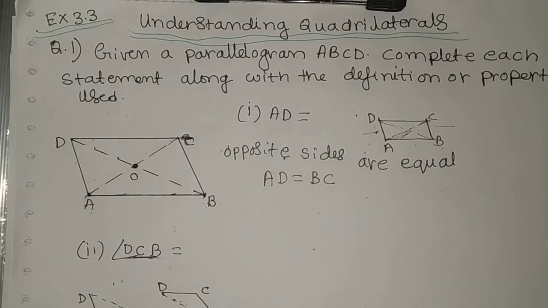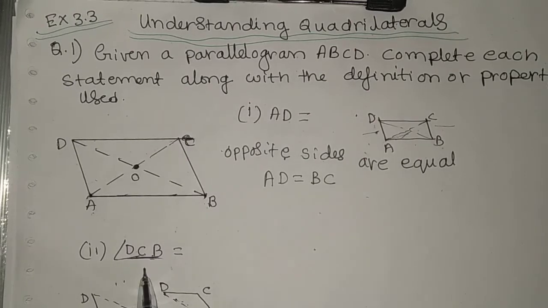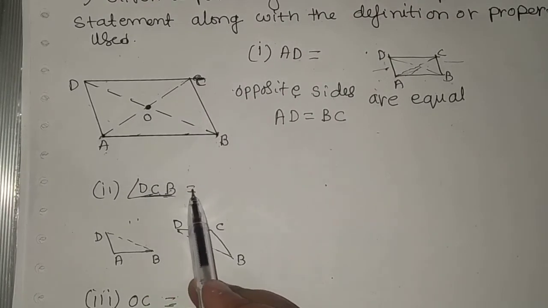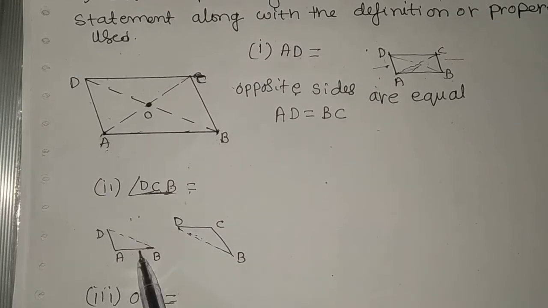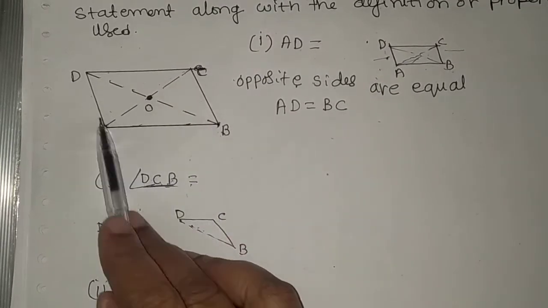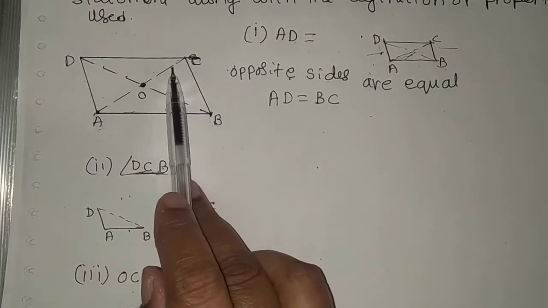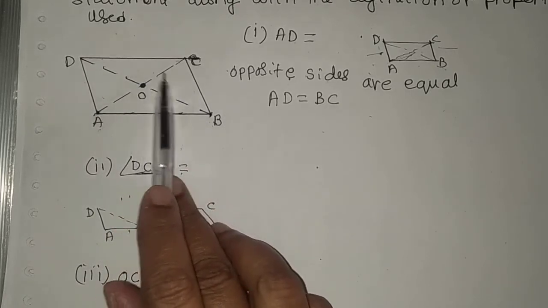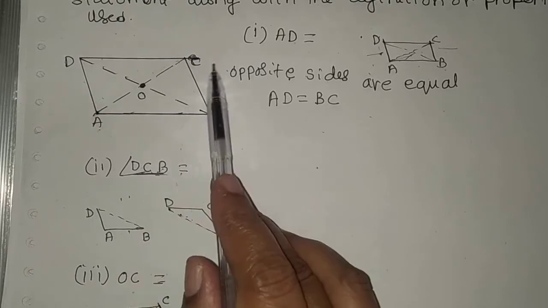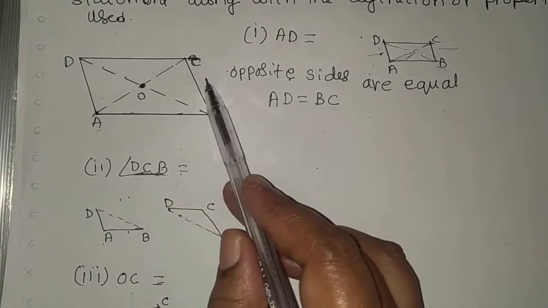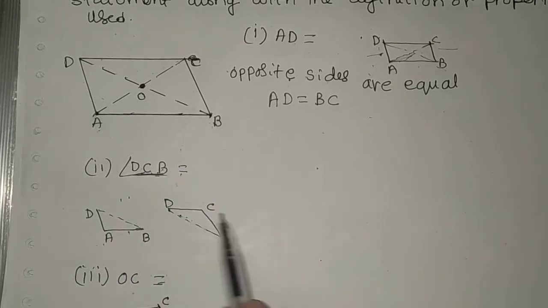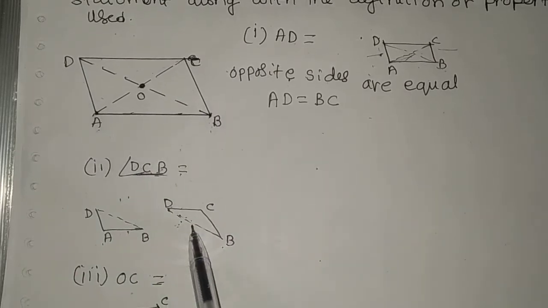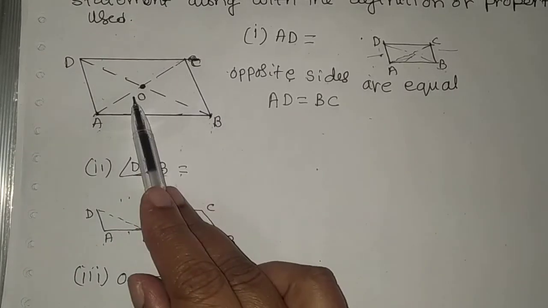Next we move on to the next option, that is angle DCB. Inside this parallelogram, two triangles can be formed. One triangle is DCB, and another one is DAB.